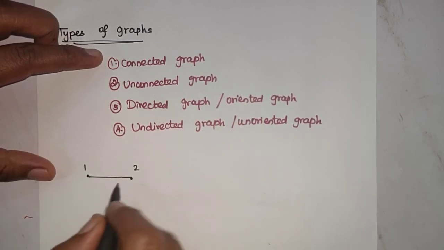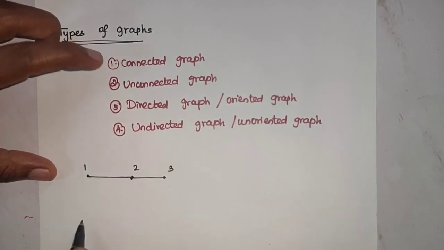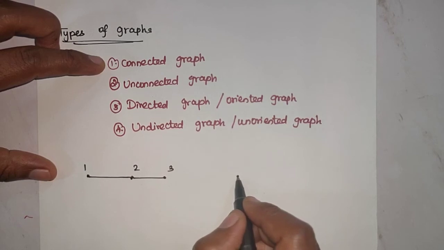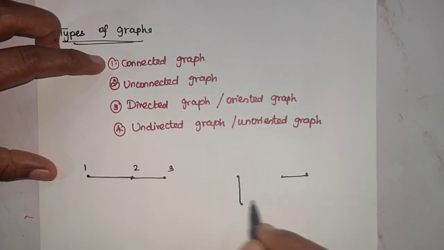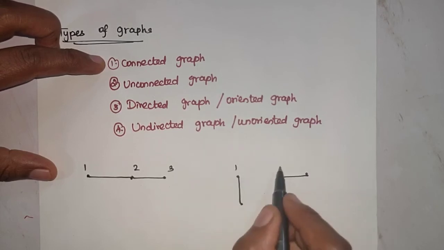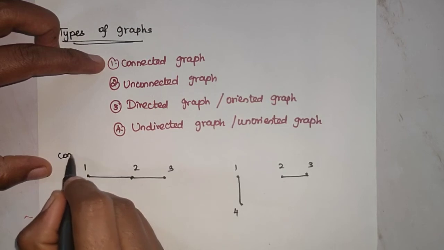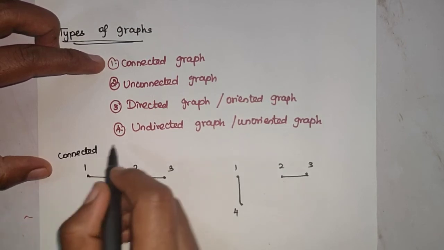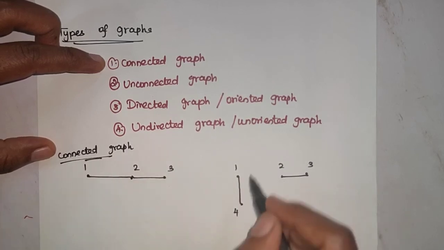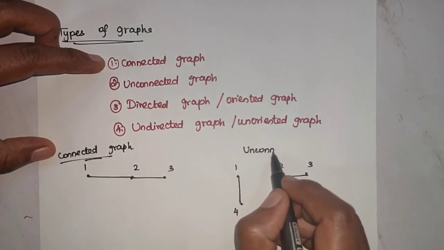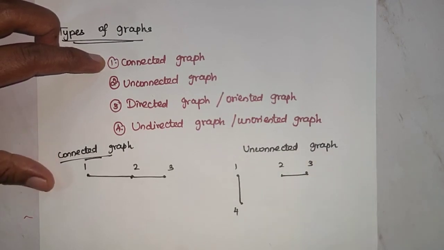That is a connected graph. Unconnected graph is where there is no connection between one branch and another branch. If there is a connection between nodes, that is called connected graph. If there is no connection between nodes, that is called unconnected graph.